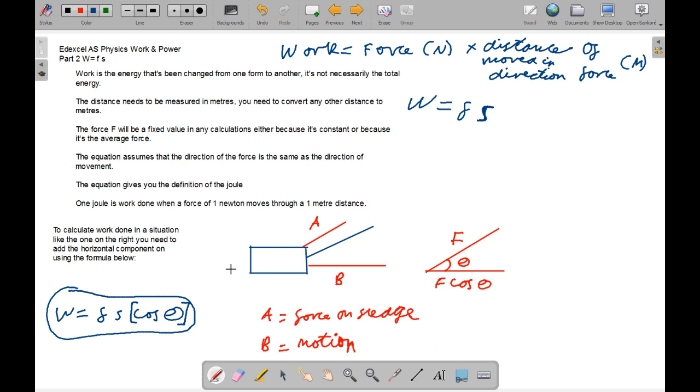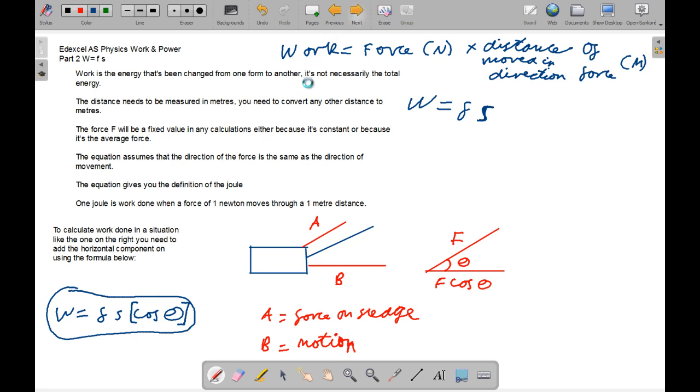So looking at the sledge, if A is the force on the sledge and B is the motion of the sledge, A would be the force, and then the motion would be the force times cos theta, because it's going in that horizontal direction.